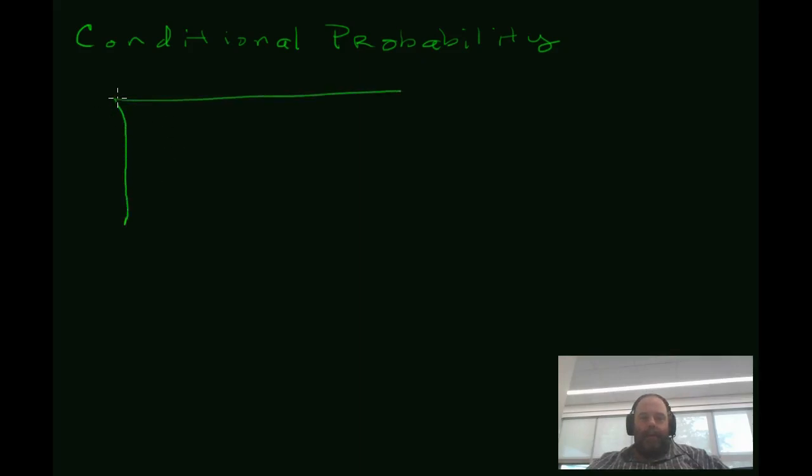Okay, so we're going to kick this off with a video about conditional probability. Now, essentially what's going on here is you have some sort of sample space.